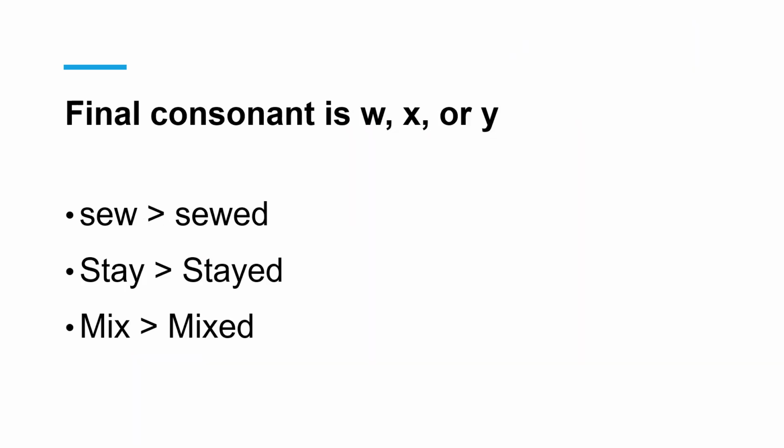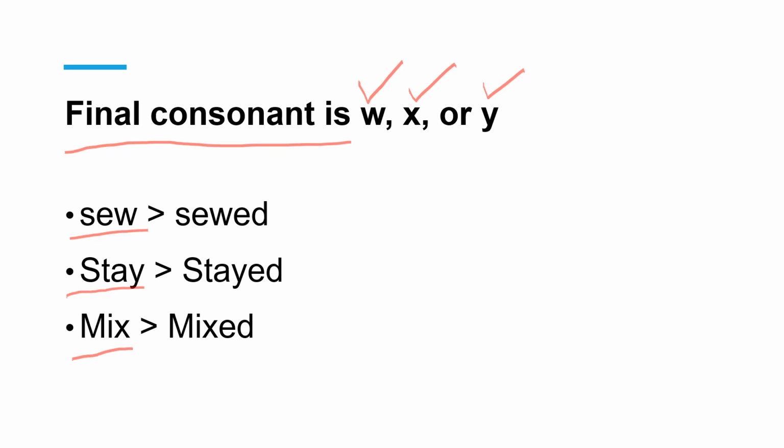Now rule number 2. If the final consonant of the verb is W, X, or Y. As you can see, W in case of sew, Y in stay, and X in mix.